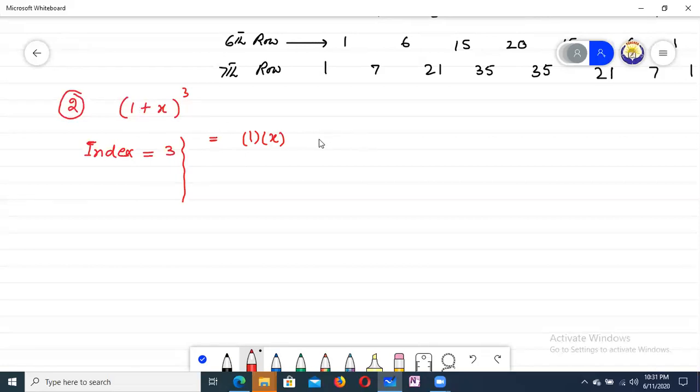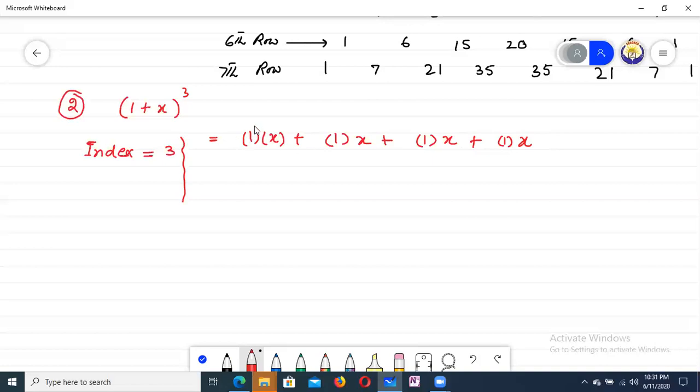First of all, we will write the product: 1 into x, plus again 1 into x, plus again 1 into x, plus again 1 into x.